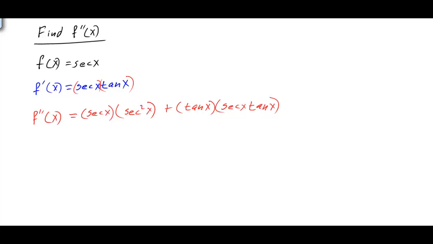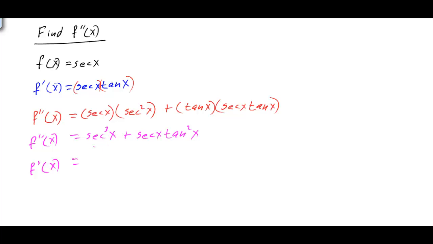And here we could do a little bit of basic simplification. For example, secant x and secant squared, we could certainly multiply that to get secant cubed x plus secant x, and then of course the tangents, we could make that tangent squared. And really that's a good place to stop, and you're probably going to notice though with your multiple choice problems on Blackboard, they tend to like to factor, so we could actually factor this.